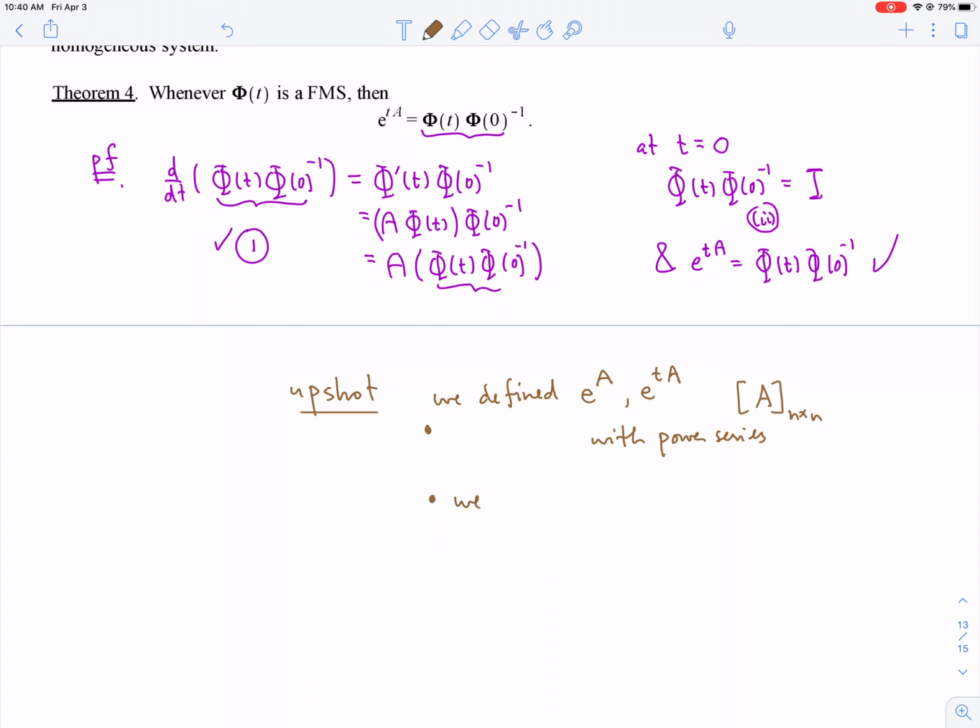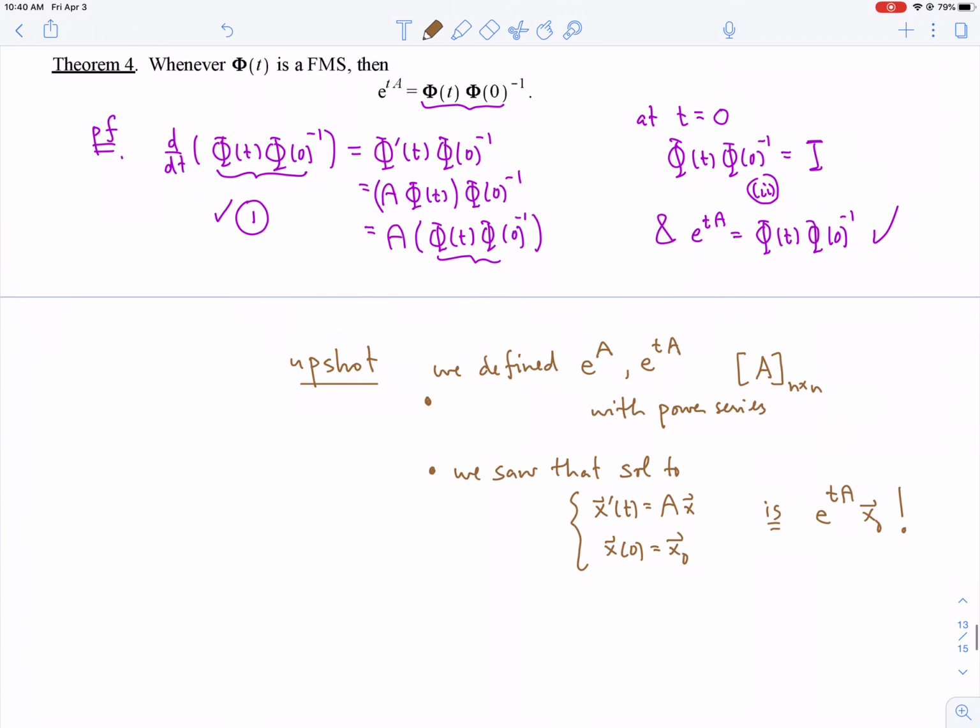We connected e to the tA to differential equations because we saw that the solution to the initial value problem x prime of t equals Ax, x of 0 equals x naught, is e to the tA times x naught.